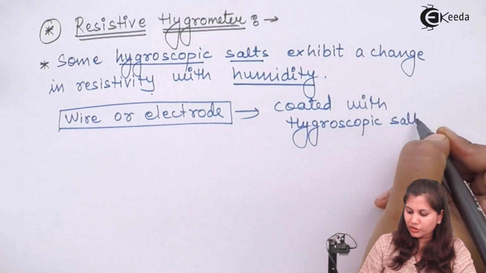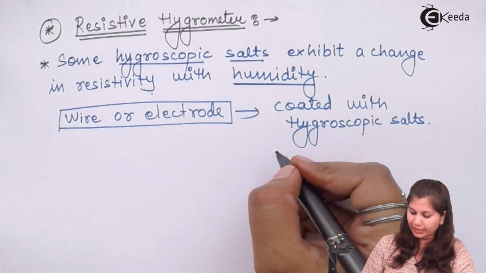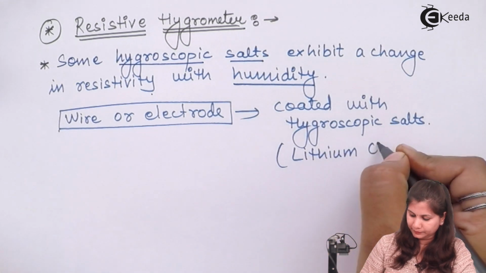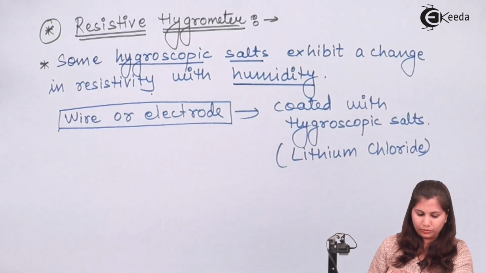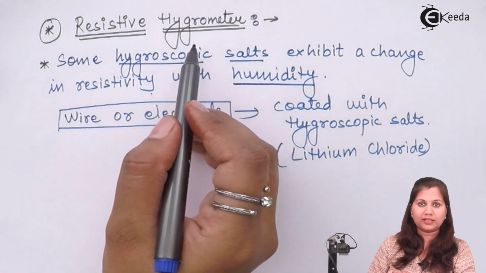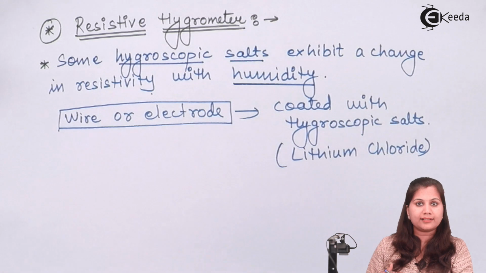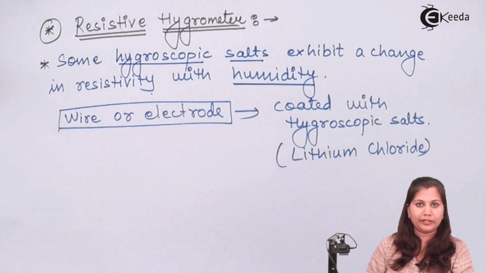An example of such a hygroscopic salt whose resistivity changes with the change in humidity is lithium chloride. In the resistive hygrometer we will have a mixture of this lithium chloride. As the humidity changes, the resistance of the lithium chloride changes, and that change in resistance is measured with the help of a Wheatstone bridge.